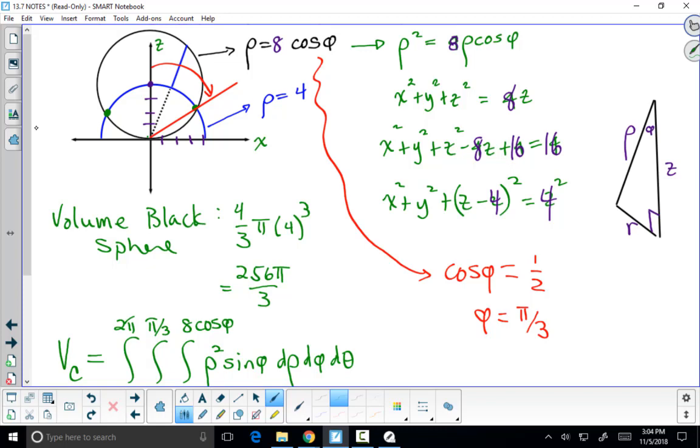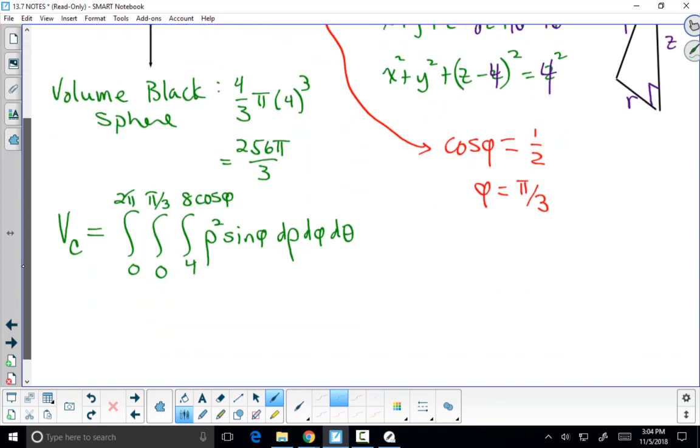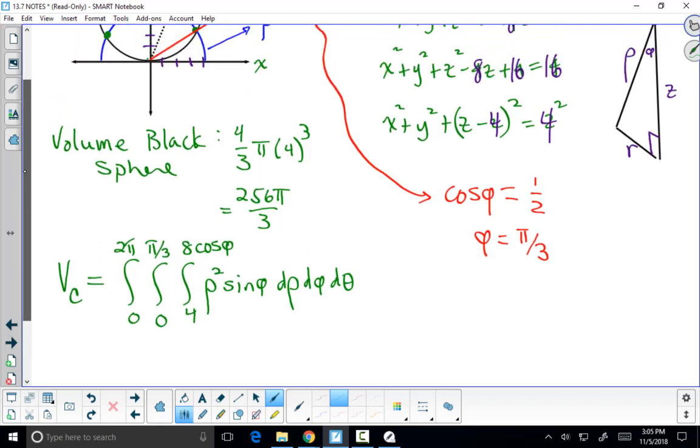I don't think we need to, but whatever we get here when we integrate this, rho cubed over 3, plug that in, integrate with u sub, blah, blah, blah, subtract it from the 256 pi over 3, and that would be your answer. But don't we have to halve that? Because it's only up there, on your graph, it's only half empty.